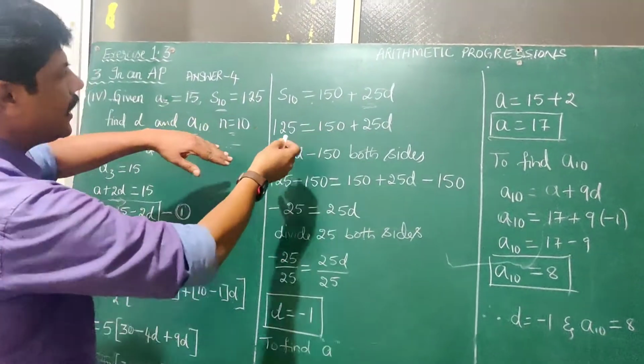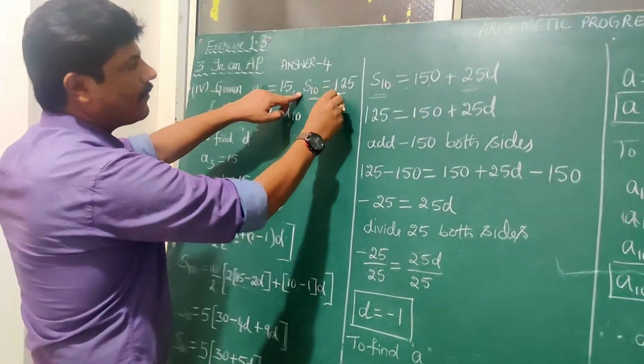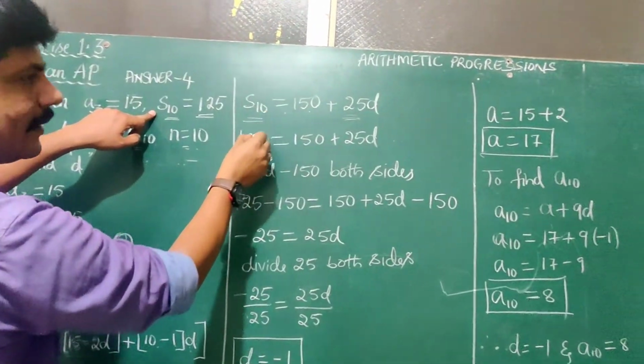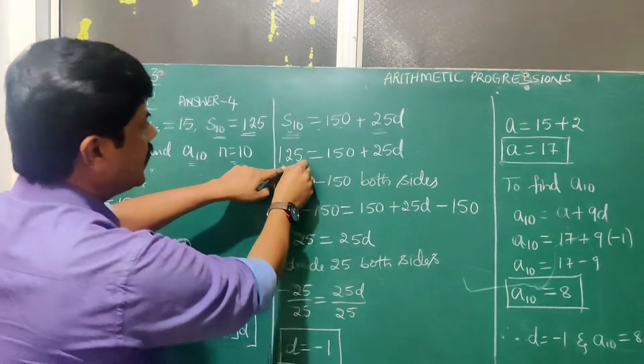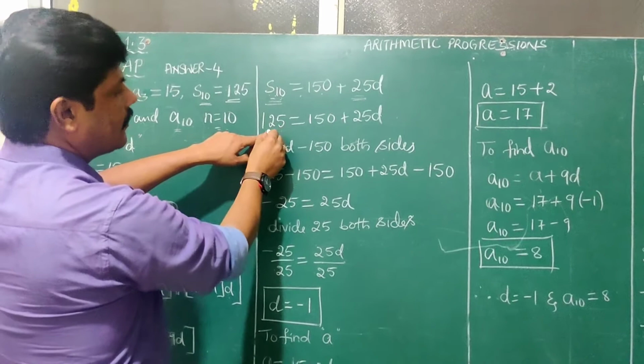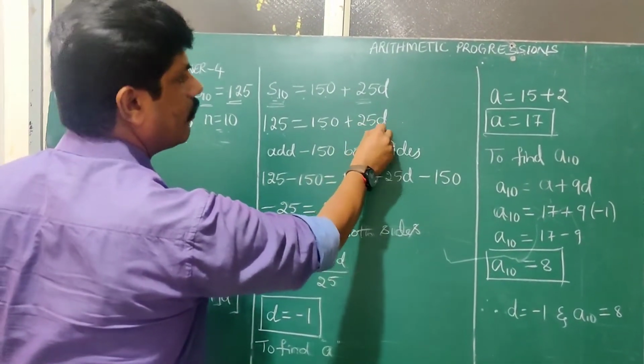Now, as you can see here, we have the S10 value. S10 is equal to 125. I am substituting the S10 value in this step, so that in place of S10, we write 125 is equal to 150 plus 25D.